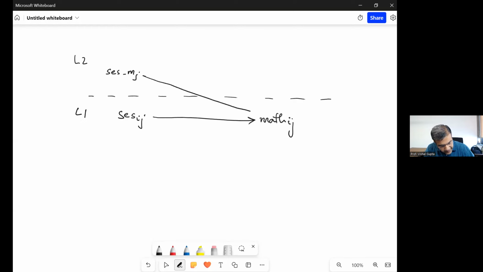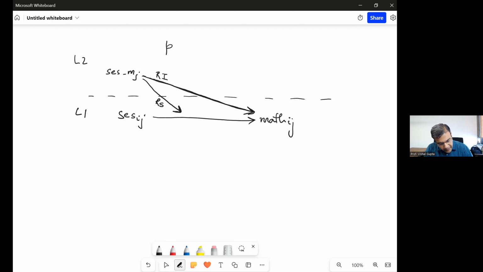It has a direct impact, so this arrow is telling me random intercept, and I am saying it also moderates, and this arrow is now telling me random slope. So it moderates this relationship.